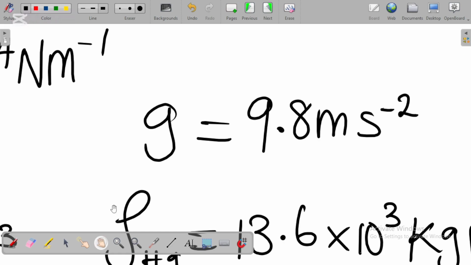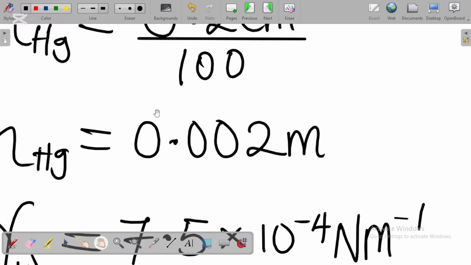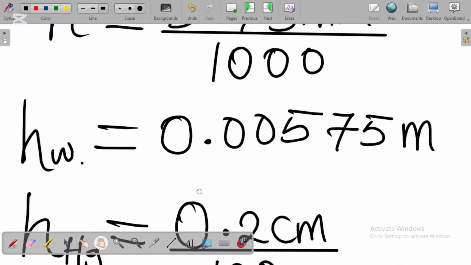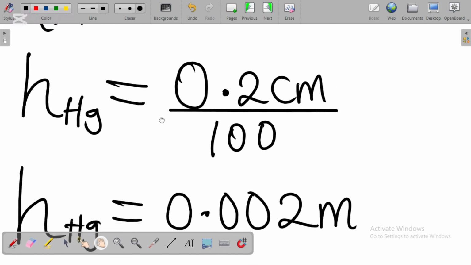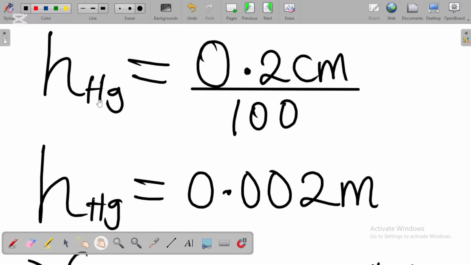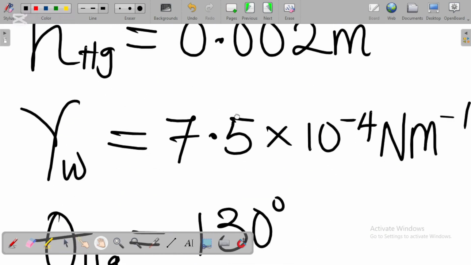All right, so these are the parameters given so far. The first parameter here is the rise of water or the height, which is 0.00575 meter. The second one here is the depression of mercury, which is 0.002 meter.